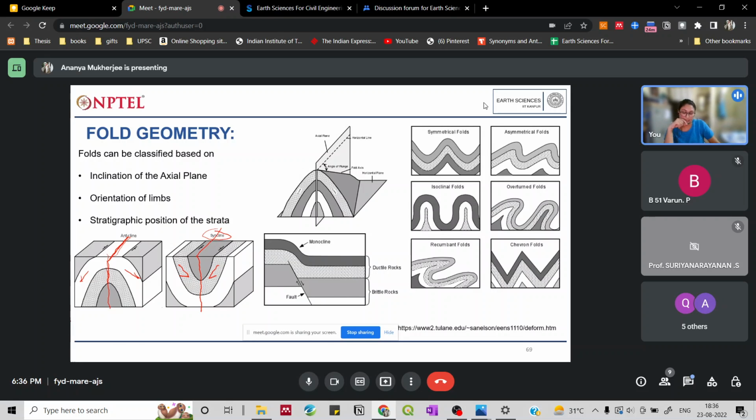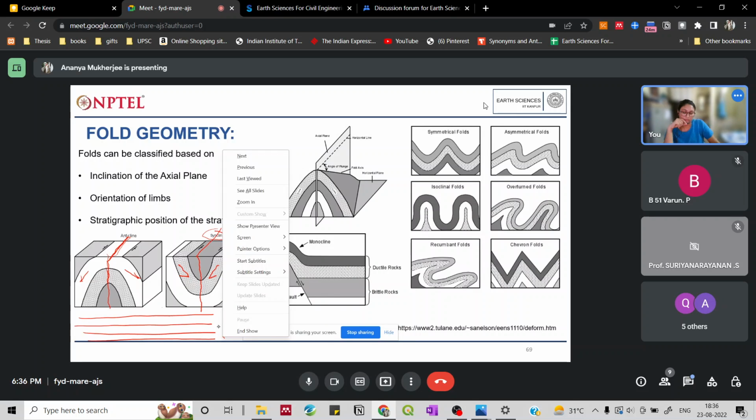To understand this, suppose these strata were first placed like this. This is your ground. So when deposition was happening, or when rock formation was happening, the one that is below, the last one right on top of the ground, is going to be the oldest.